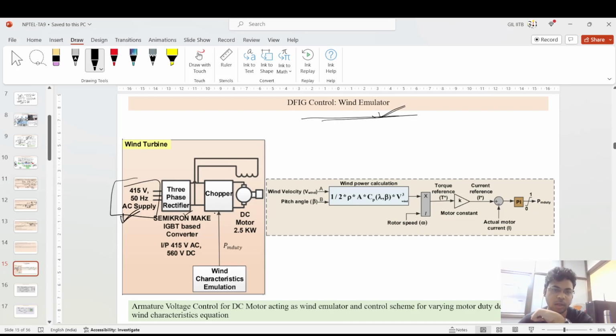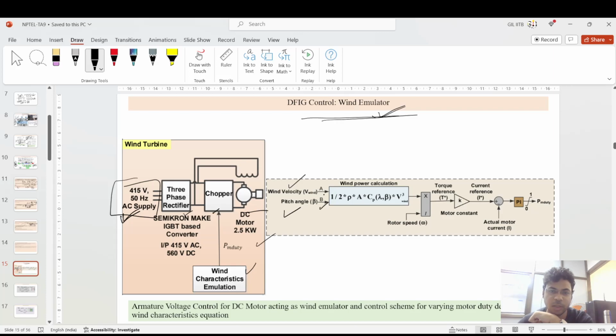A 415 volt 50 hertz AC supply is converted to DC, then fed to a chopper, and then a DC motor is fitted. For generating the wind characteristic, a DC motor is used, and based upon that the wind characteristic is emulated.